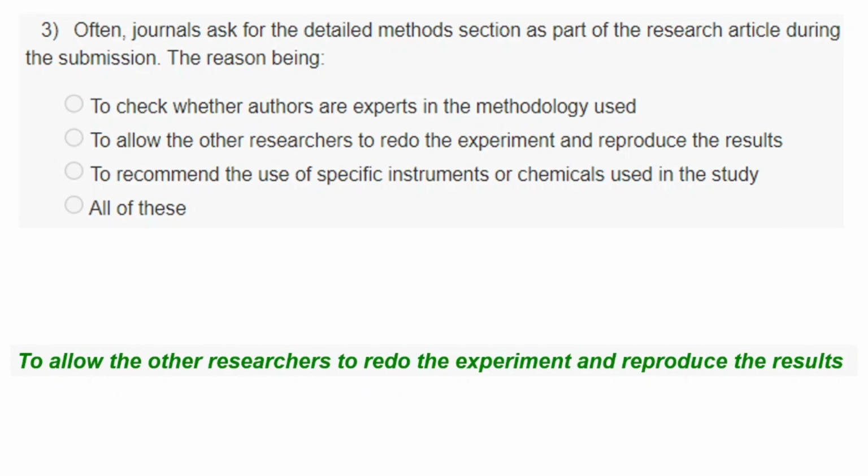And to recommend the use of specific instruments or chemicals: if your paper has gone for review, the reviewers might recommend something. If they send your paper back for revision, they might recommend using some other protocol or some other instrument or some other chemical, but that's definitely not the main reason why they ask for a detailed method section. The main reason is to allow other researchers to carry out your work.